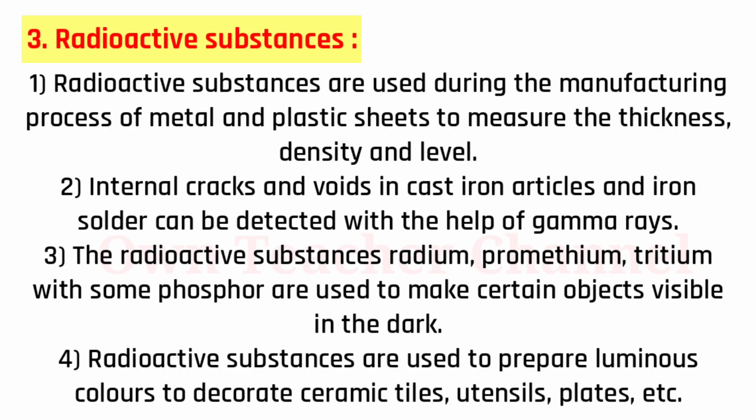The radioactive substances radium, promethium, tritium with some phosphor are used to make certain objects visible in the dark. 4. Radioactive substances are used to prepare luminous colors to decorate ceramic tiles, utensils, plates, etc.